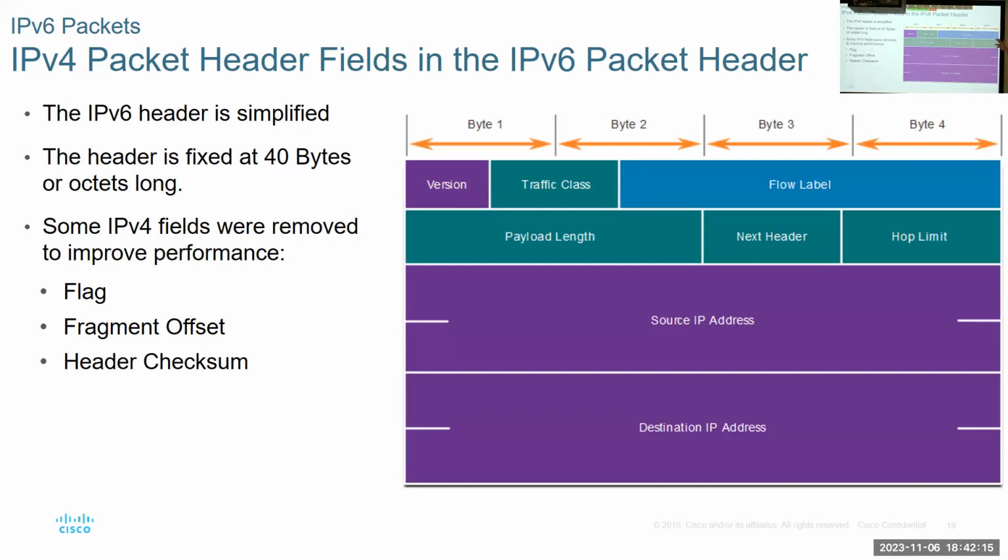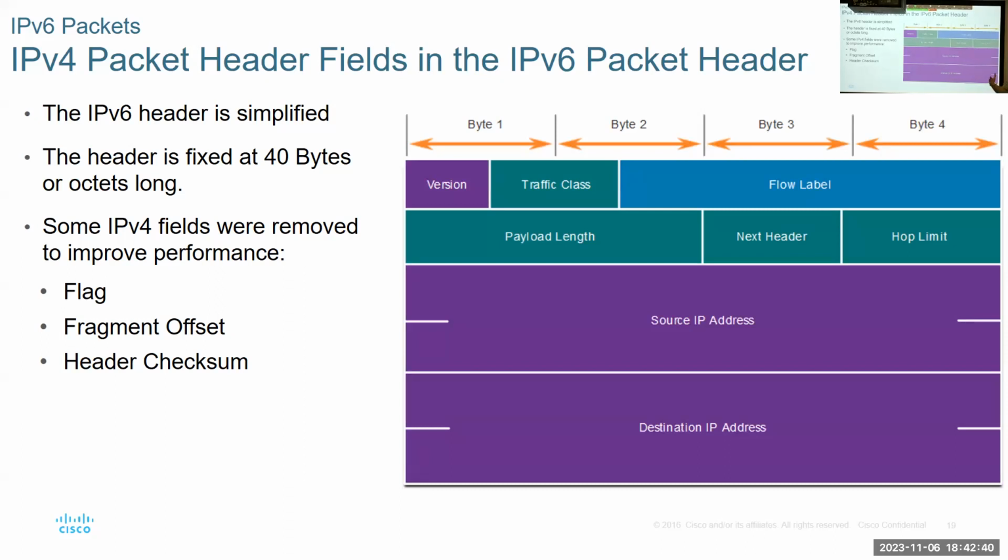Hop limit is the same as what in IPv4? TTL. And that actually describes it better, because routers decrement the TTL. As soon as they get a packet, they decrement the TTL before they actually do anything else with the packet.